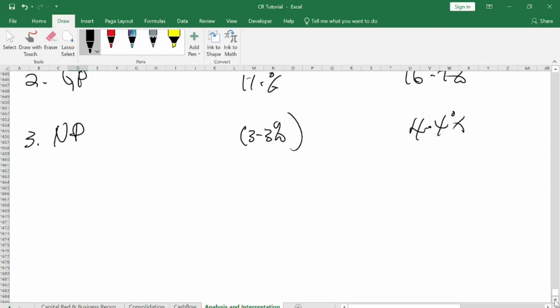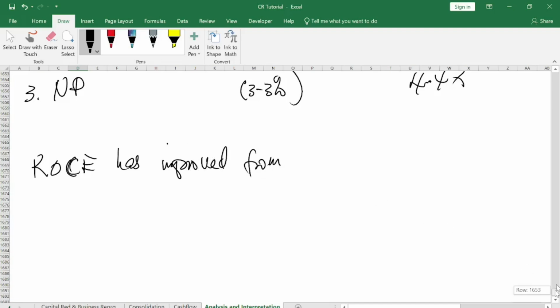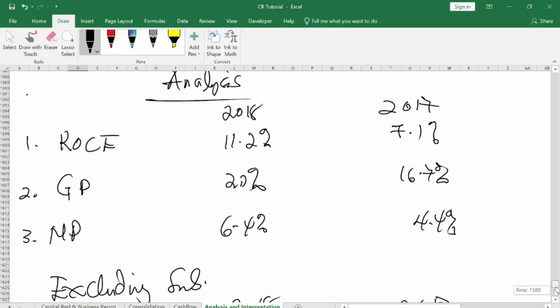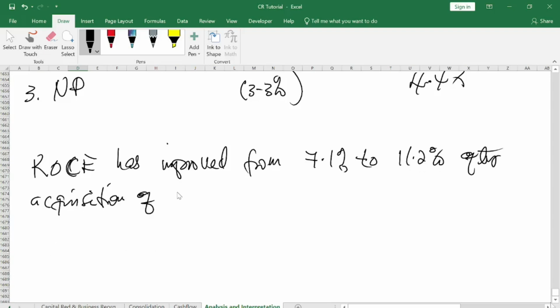So you've listed all these things. What you will do is say ROCE has improved from 7.1% to 11.2% after the acquisition of Aboabo Limited.